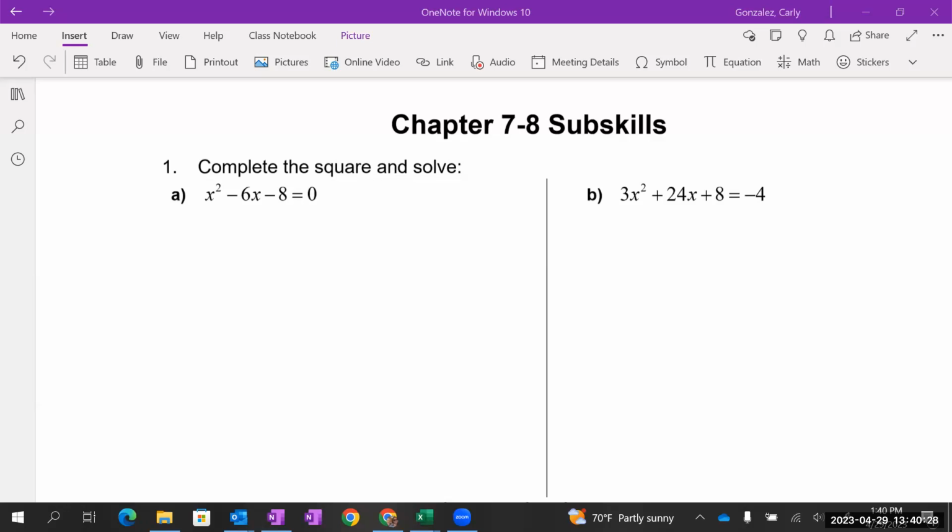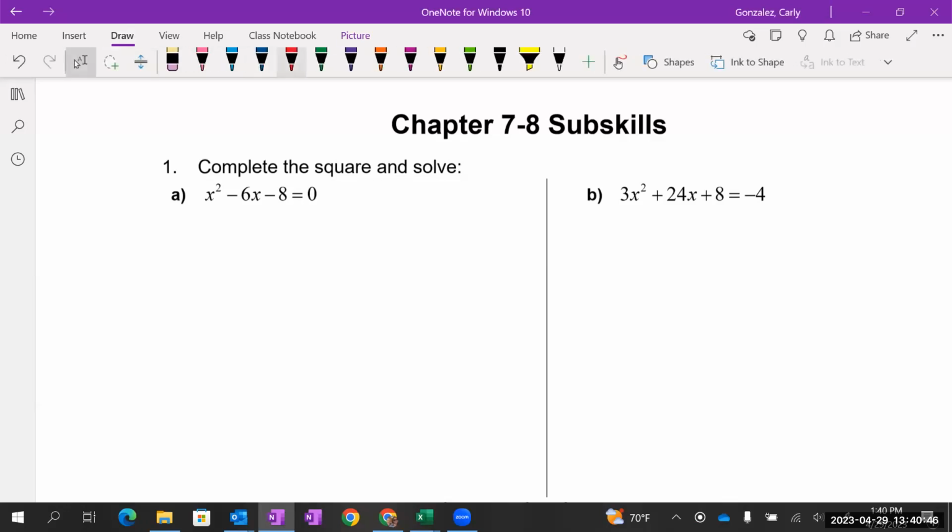We are trying to complete the square of the equation x squared minus 6x minus 8 equals 0. So a little bit of background: if I have something like x minus a squared, I could write that out as x minus a times another x minus a.